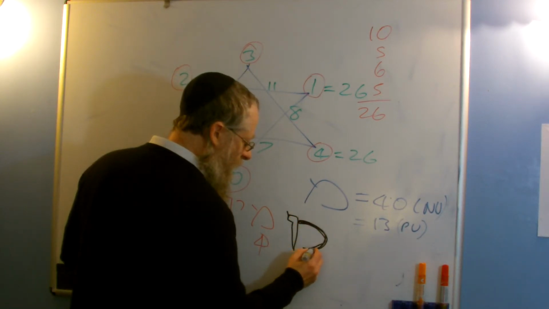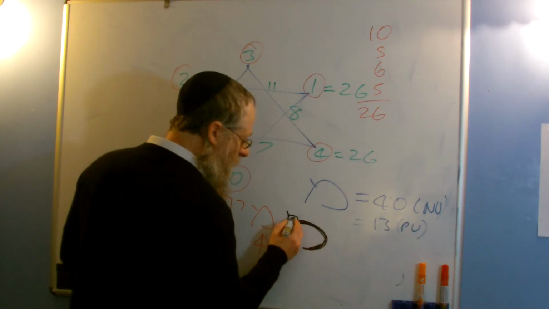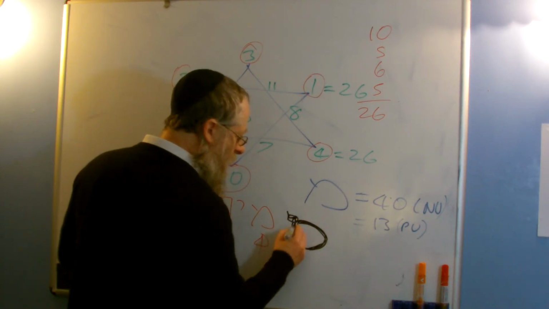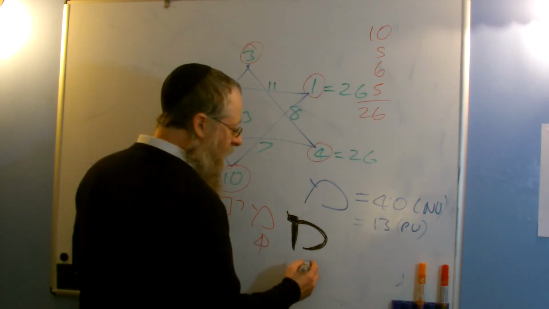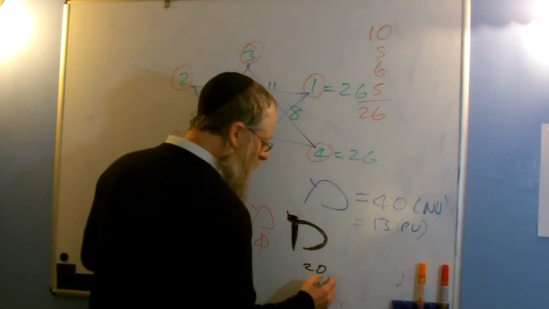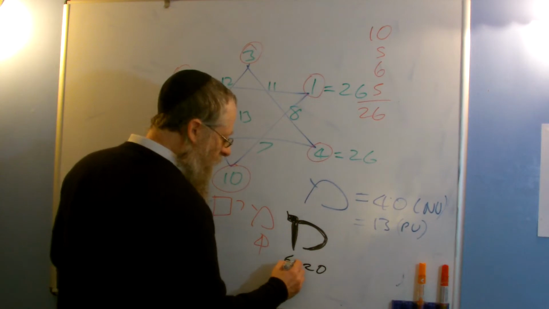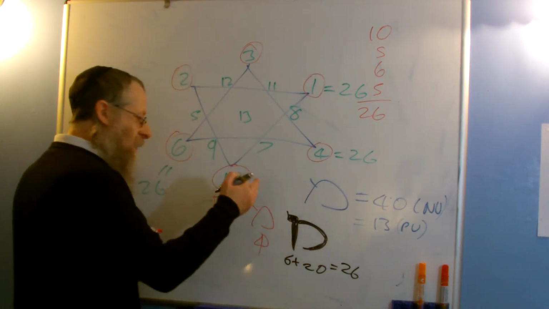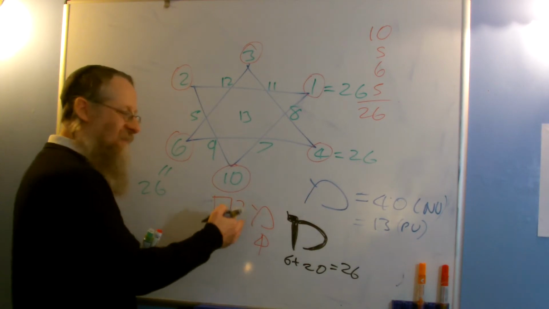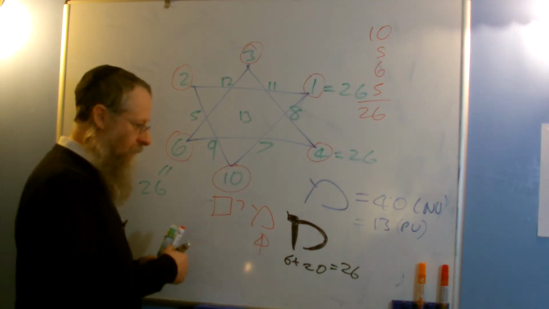I'm not a scribe. Okay, so it's written like that, and it is a kaf and a vav. The kaf has the normal value of 20, the vav has the value of 6, 26. So we see that God is connected to the face of the water, to the letter mem.